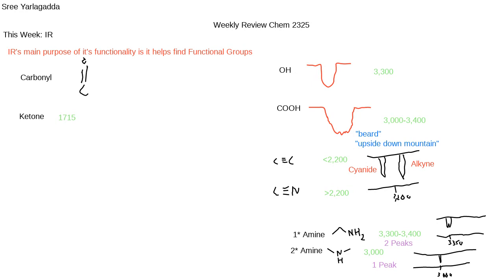Next we have aldehyde, or rather we have carboxylic acid. The reason why carboxylic acid has a peak here and a peak here is because this is the carbonyl energy peak, and the bending of O to H is a different bond, and the bending of C to O is a different bond, right?